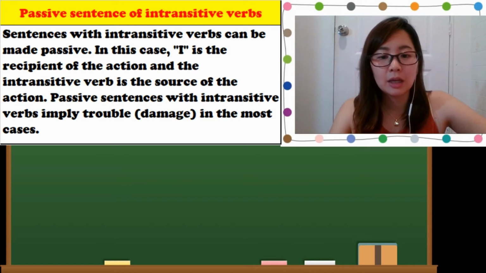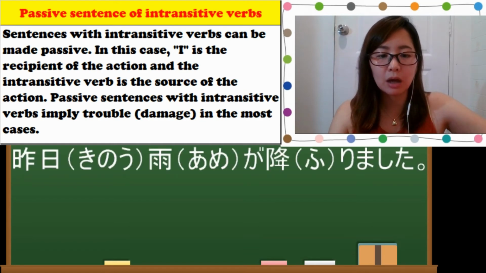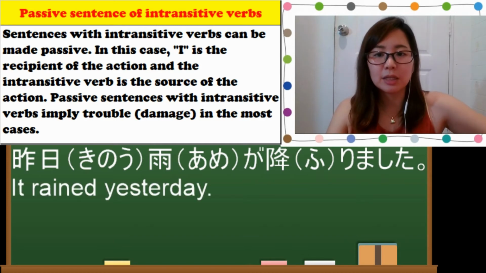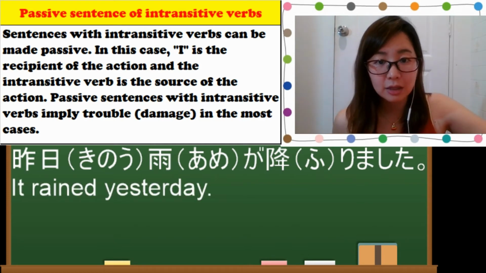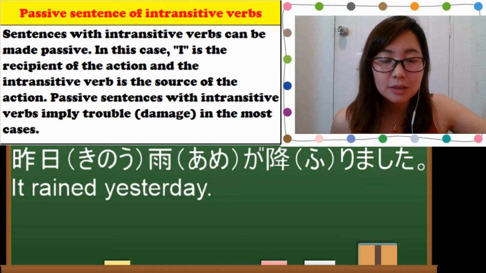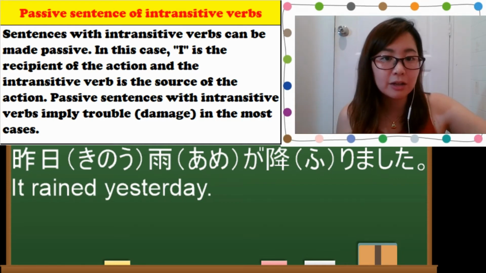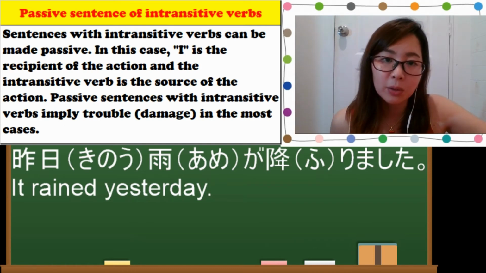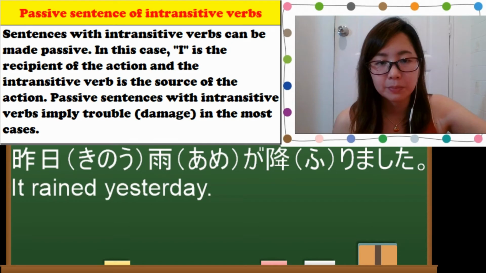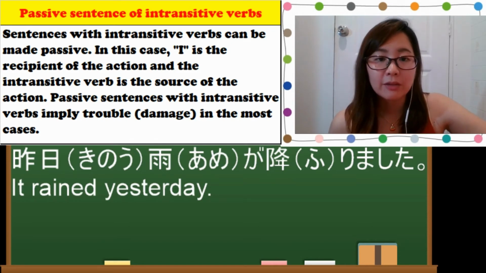If I say, it rained yesterday, it is 昨日雨が降りました。降ります literally means to fall. There is no transitive verb. So we only have an intransitive verb for this verb.